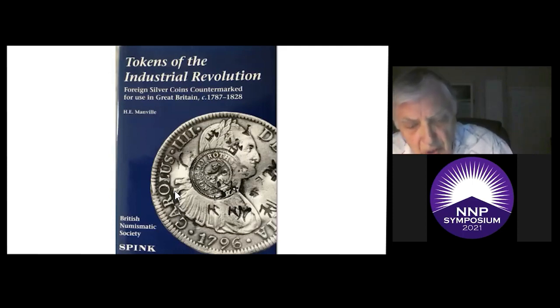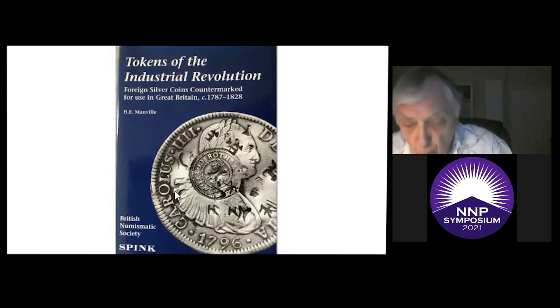The tokens constituted a vital link between the industrialists and the local communities in which they operated and also served. It required a set of most unusual circumstances for them to exist. These in turn allowed the countermark coins to flourish. It required war. It required inventions.